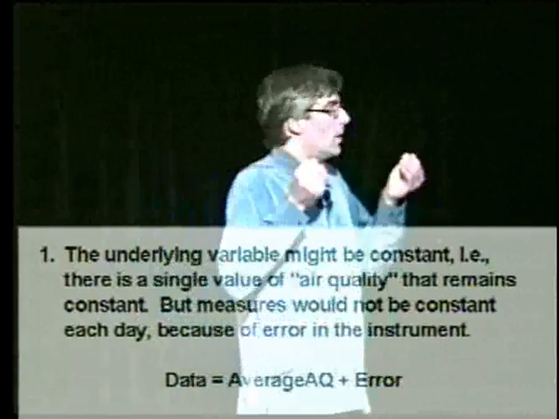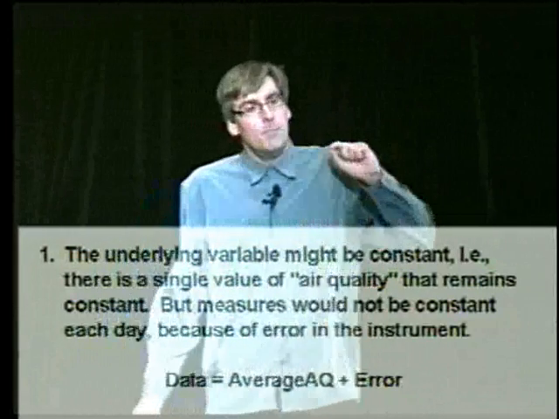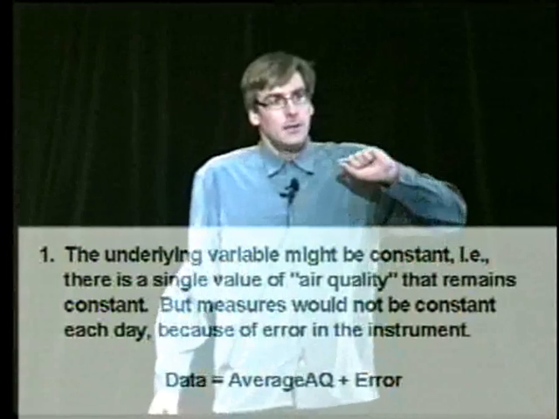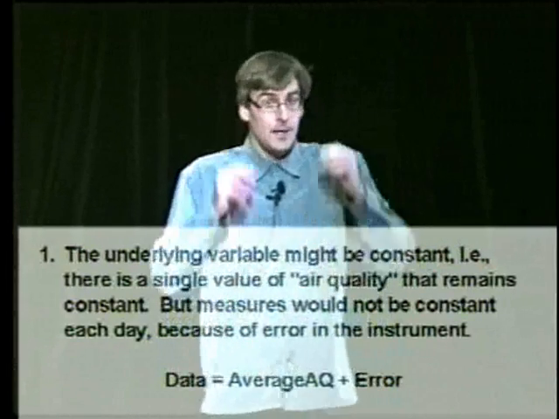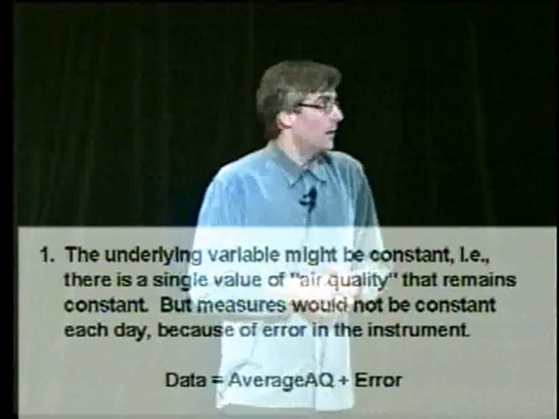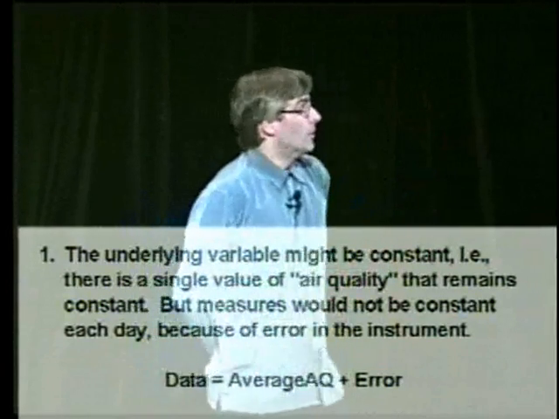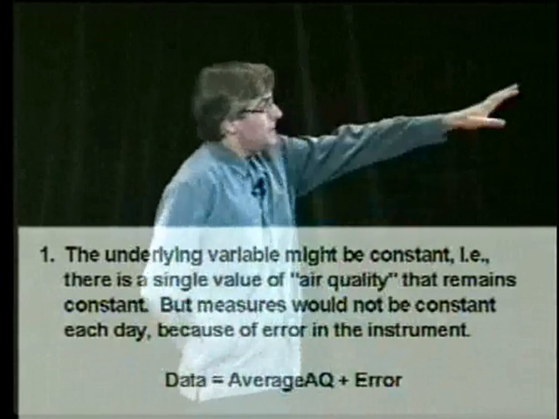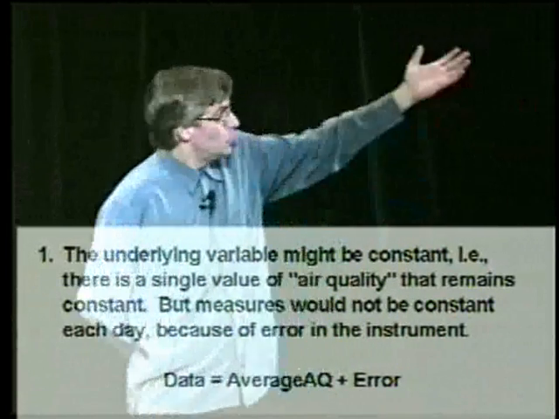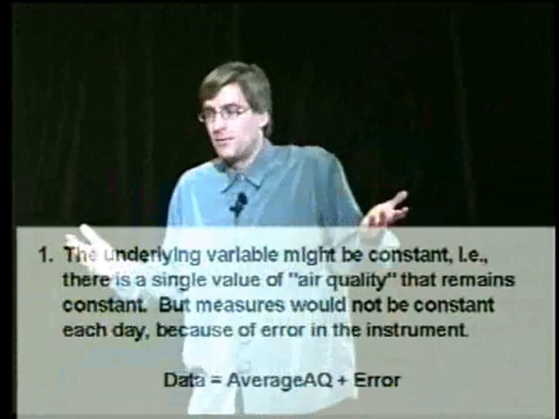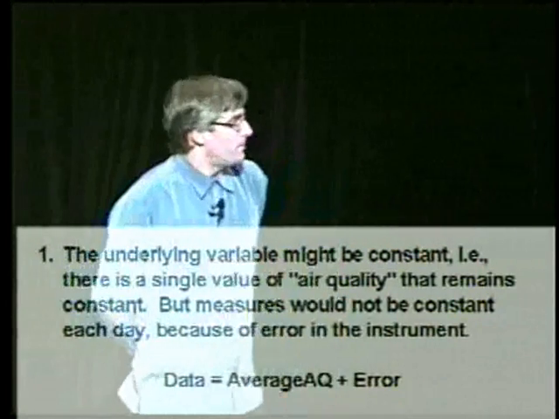Now, if air quality is constant, you still wouldn't necessarily expect the measurements returned by the instruments to be constant because you don't expect the measures to be completely reliable. That is, there's some measurement error. And so we can generate a model for the data in that case. Each observation should be giving us a measure of true air quality plus some random error in the measurement.